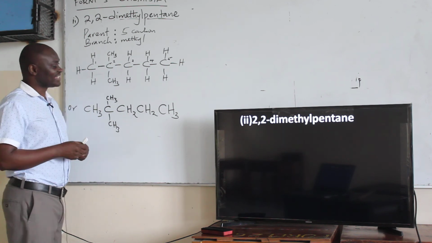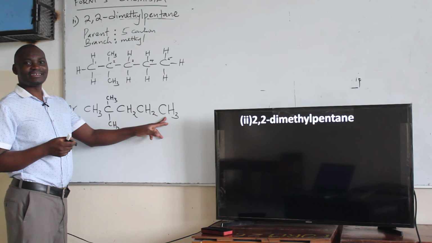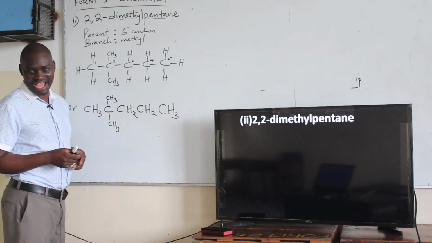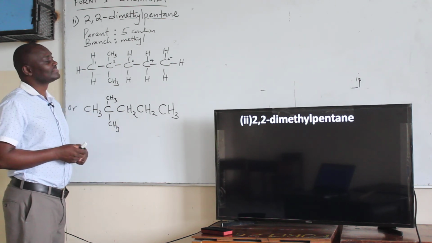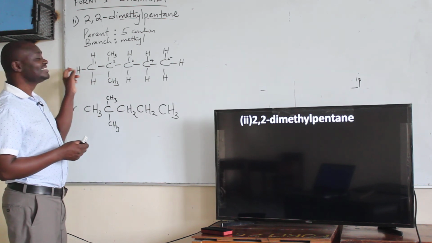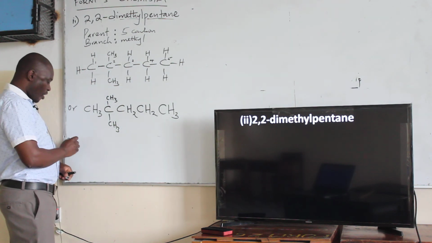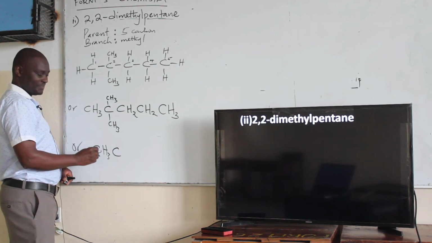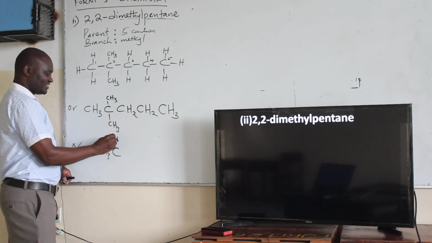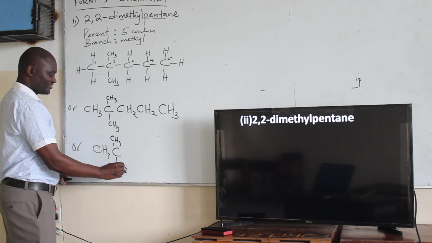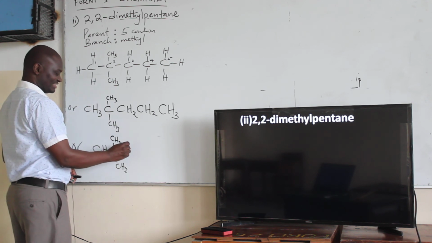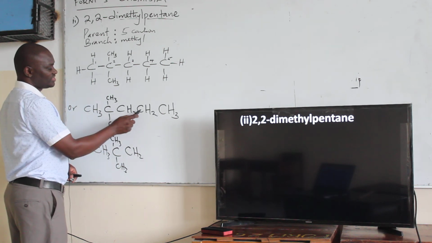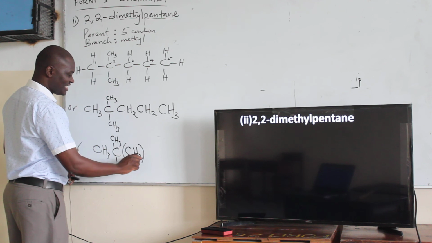One thing you notice is that the first and the last carbon atoms have 3 hydrogens each. They normally have 3 hydrogens. So we write CH3, C, CH3, CH3, CH2. How many CH2 do we have? 1, 2. So you can simply say times 2.